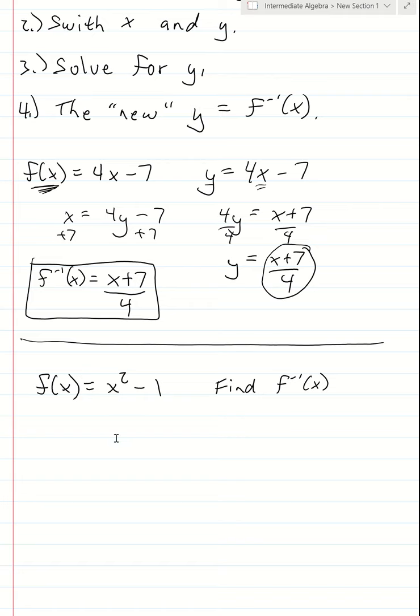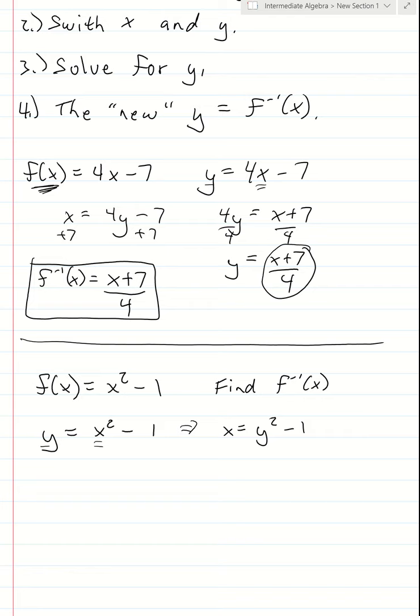So, step 1, we need to replace the f of x with the singular variable y. So now we're going to write y equals x squared minus 1. Step 2, we want to switch those variables x and y. So now our equation, when we switch the variables, will now become x equals y squared minus 1.